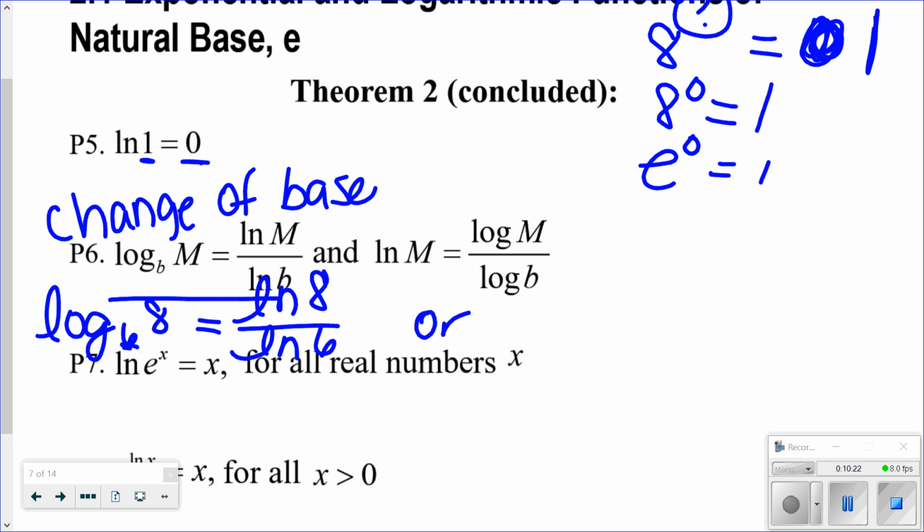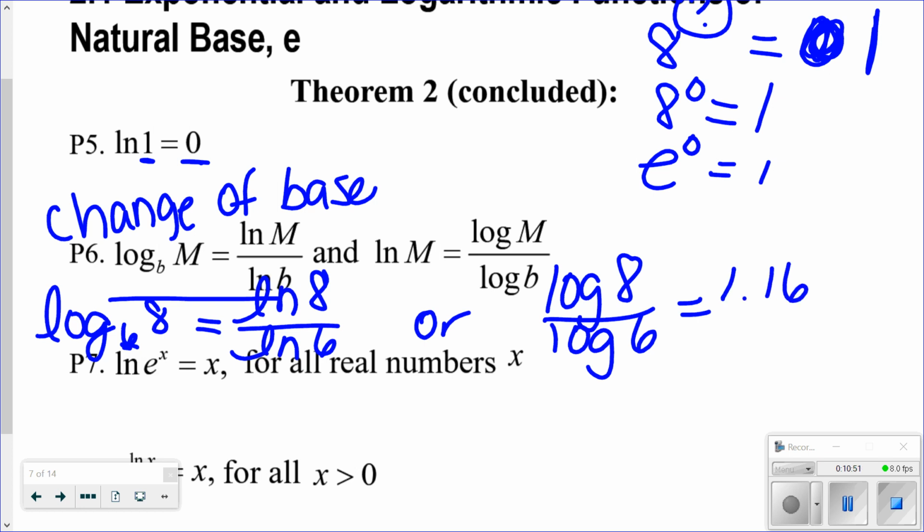Or I can do log of 8 over log of 6. Try both of those. We should get the same answer, which is 1.16.